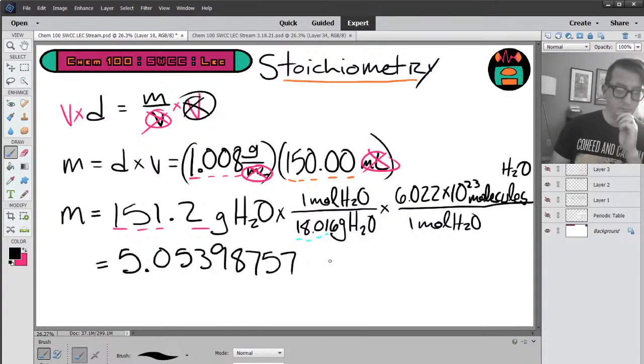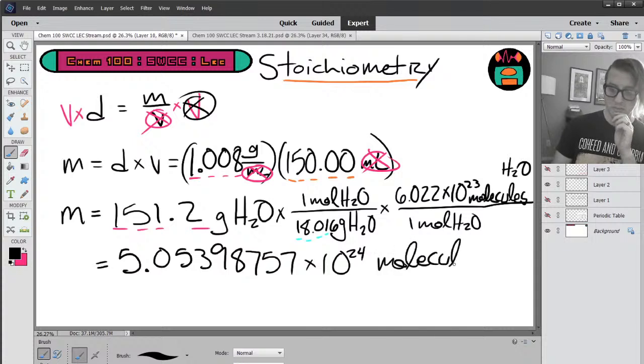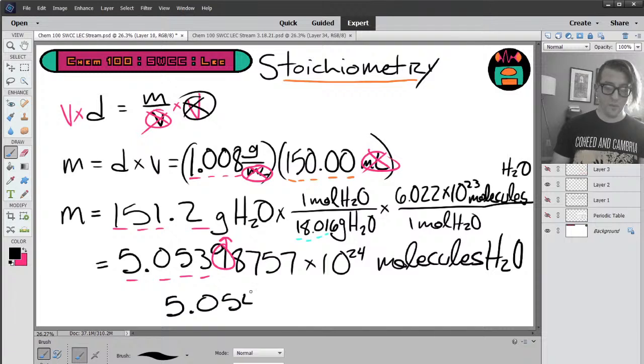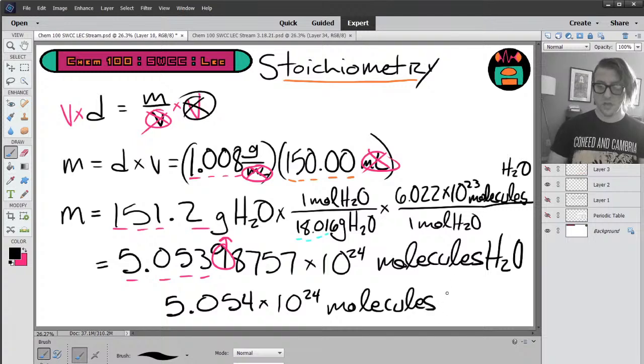Times 10 to the 24th molecules of water. All right, and we're limited to 4 sig figs here. So count off 1, 2, 3, 4. 9 rounds up. So our final answer is 5.054 times 10 to the 24th molecules of H2O.